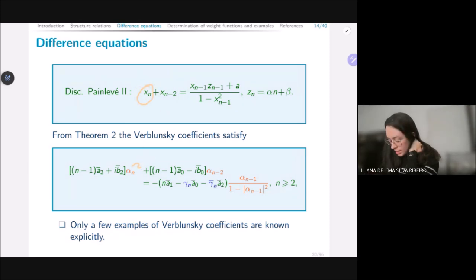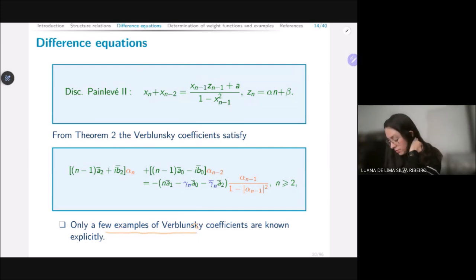We have here x_n, here of alpha_{n-2}, and we have this part x_{n-1} divided by 1 minus x_{n-1} to the power 2. So here we have the Verblunsky coefficients alpha_{n-1} divided by 1 minus the absolute value of alpha_{n-1} squared. So they have some similarities.